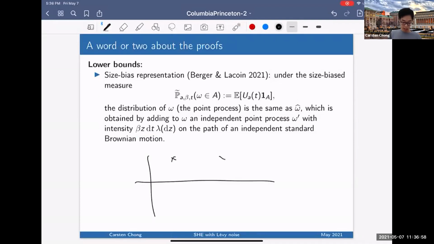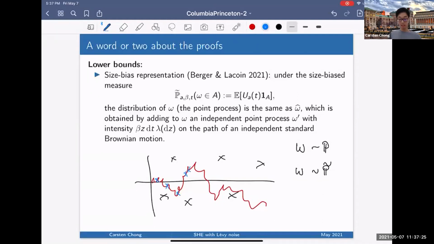So let's say these are your original points, that's omega under the original measure, P. Usual point process. Now, omega under P tilde is this. So you added a Brownian motion independent of everything, and you add additional points on this path. That is the description of the point process under this new measure.